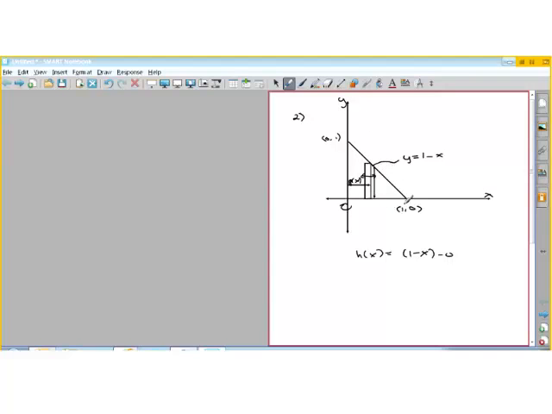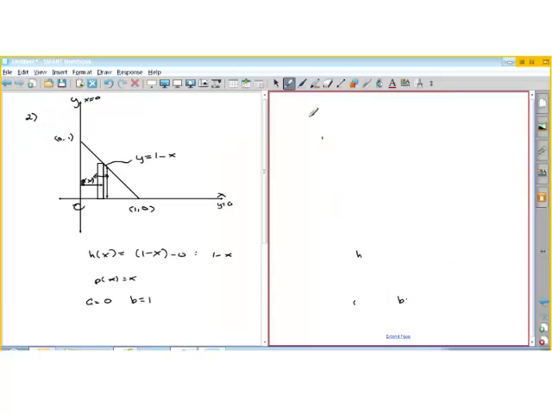Remember, the x-axis is also the line y equals 0, and the y-axis is the line x equals 0. So anyway, that's h of x. It's just 1 minus x. P of x is just equal to x. Our left-hand limit, a, is equal to 0, and our right-hand limit is equal to 1. Those are our x values.